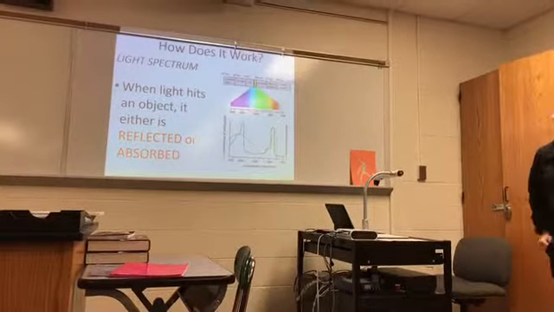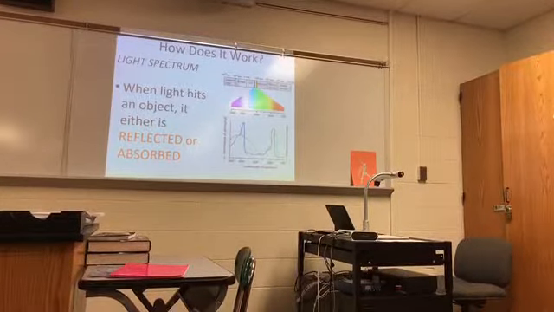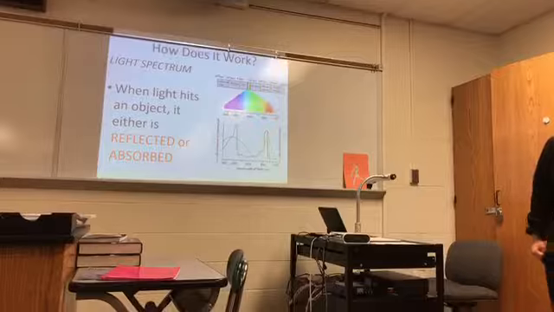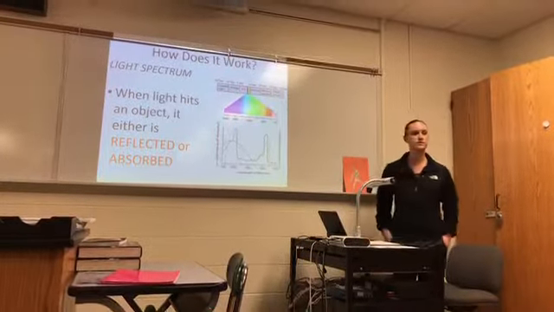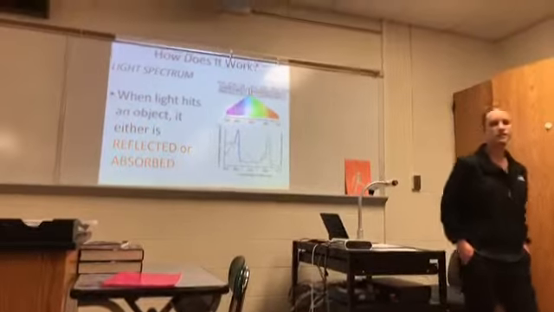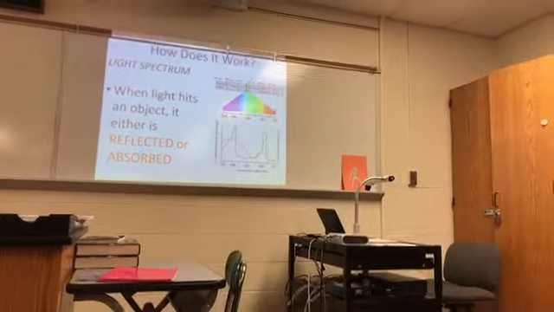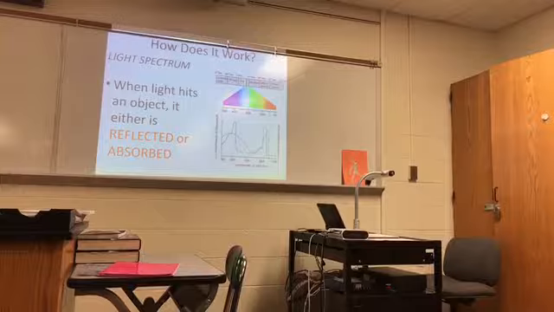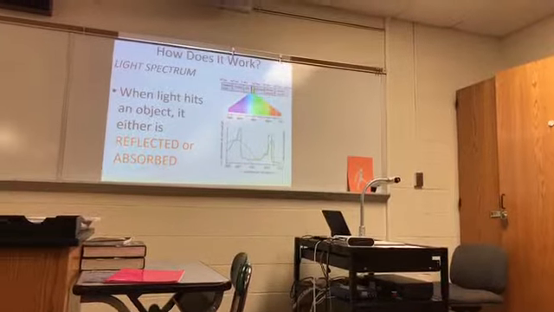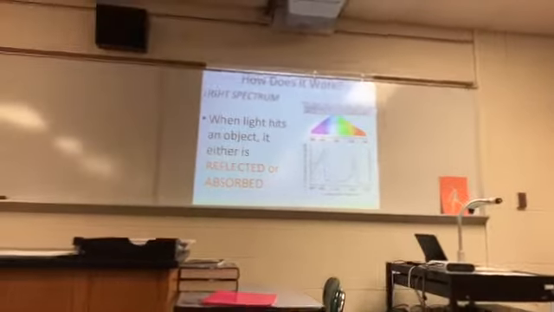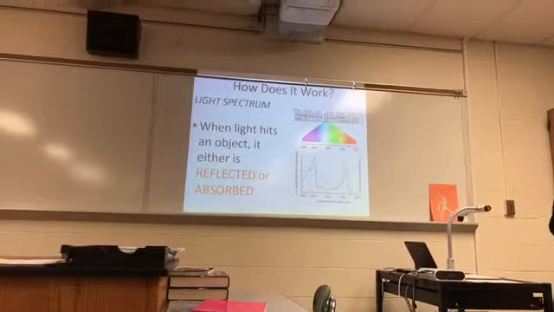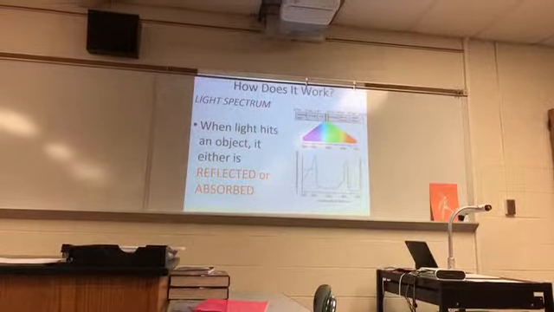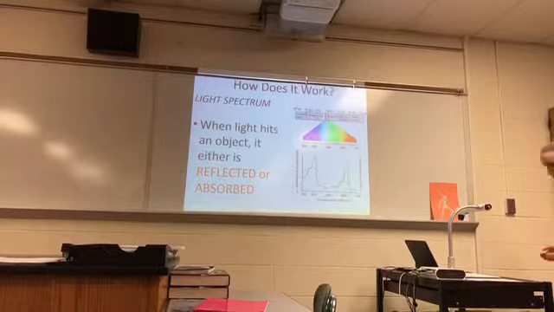So when light hits an object, just in general, it is either reflected or absorbed. So chlorophyll, someone mentioned that, I think it was Justine. Chlorophyll is within the chloroplast, and that's actually what traps the energy from the sunlight to allow photosynthesis to occur. So chlorophyll is going to be the one that is absorbing the sunlight so we can do the process of photosynthesis. It requires energy, so we get the energy from the sun.